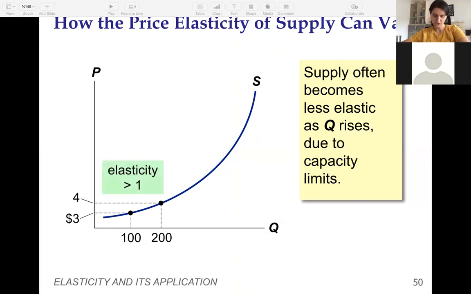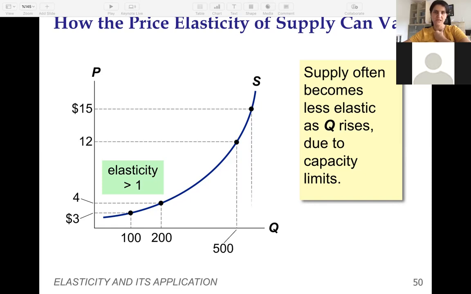So which has 100 divided by 150 times 3.5 over 1. Which is 35 divided by 15, which is bigger than 1. So this is elastic.